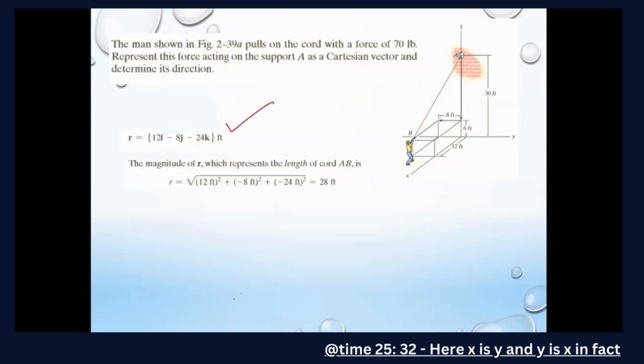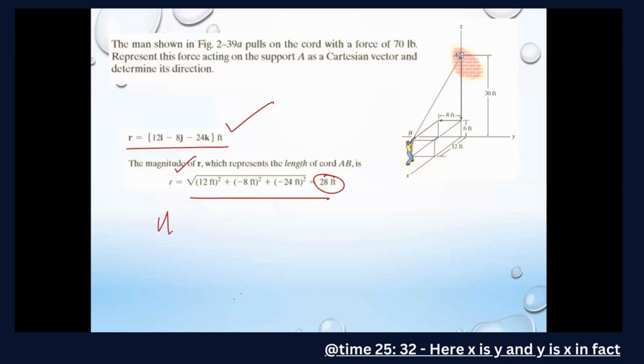So we have developed this one, right? RAB is 12i minus 8j minus 24k. Now I will take the magnitude of this one. The magnitude is just the square root of 12 squared plus 8 squared plus 24 squared. The minus signs become positive when you square them, and in the end you are adding all three, so it will become 28.